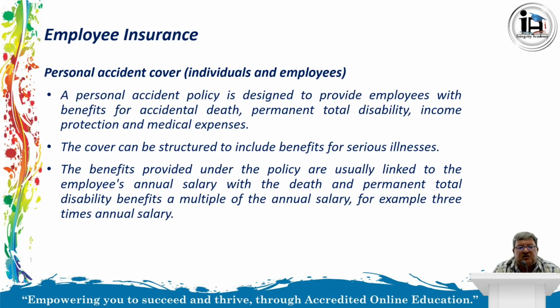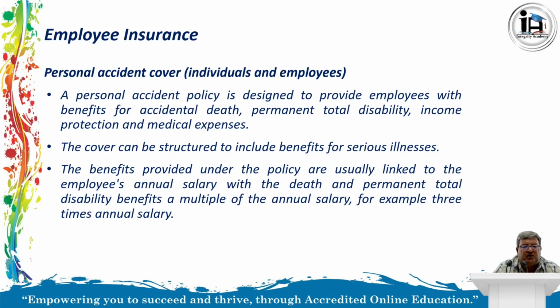So the benefits provided under the policy are usually linked to the employee's annual salary, with the death and permanent total disability benefits a multiple of the annual salary, for example, three times the annual salary.